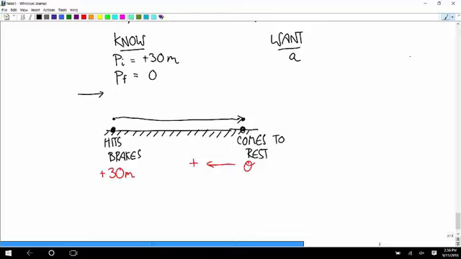So the velocity at time equals 0 is negative 40 meters per second. And then do we know the velocity at time final? 0, yep.